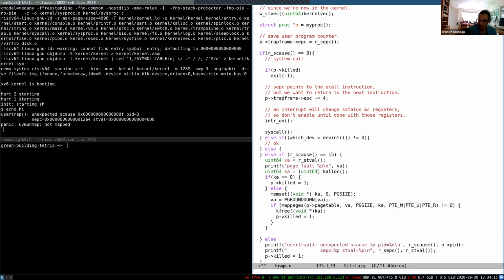So the faulting address is 4008 here, and so that's 8 bytes into the 5th page. And we want to map that physical page at the bottom of the virtual page, so at 4000. So round it down to 4000, and then we map 4000 to this physical page. And then, of course, we have to set the usual permission bits, the U bit, the read and write.